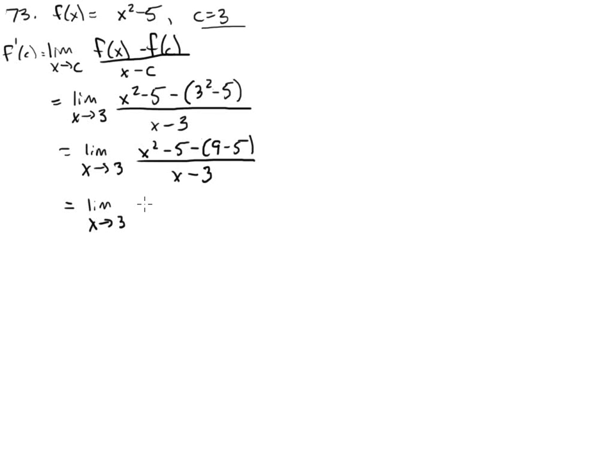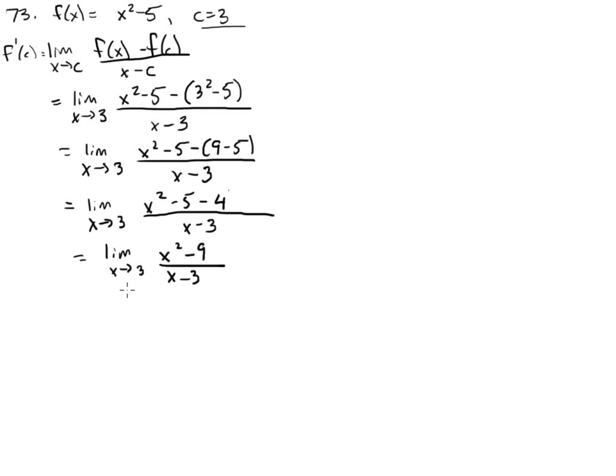So x goes to 3 of x squared minus 5 minus 9 minus 5, which is 4, so it's going to be minus 4 divided by x minus 3, which gives us the limit as x goes to 3 of x squared minus 9 over x minus 3.